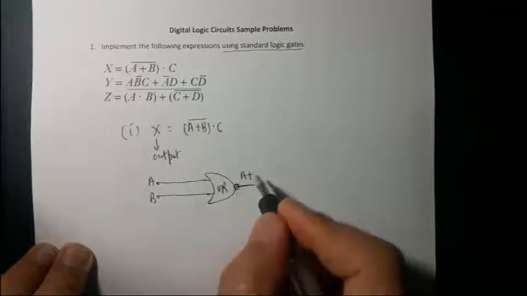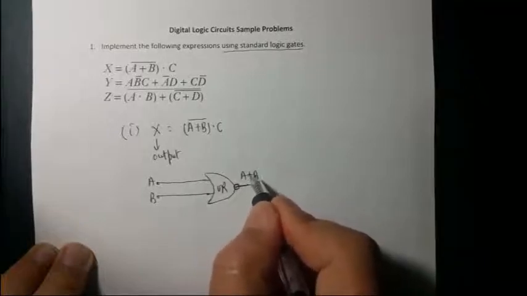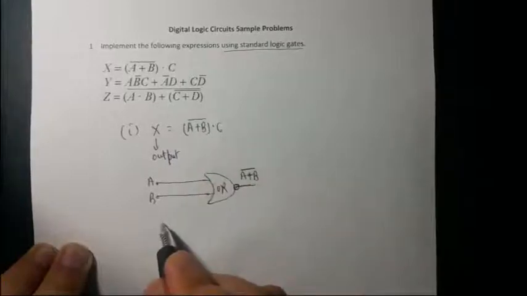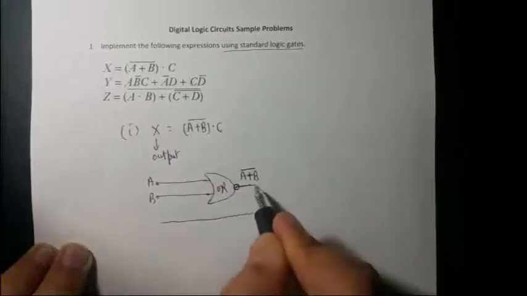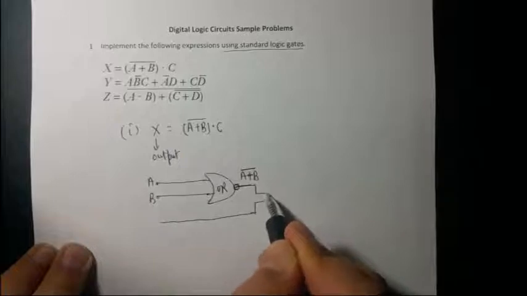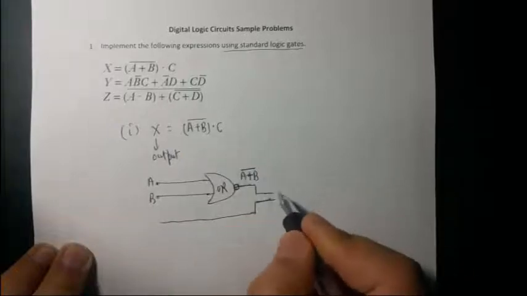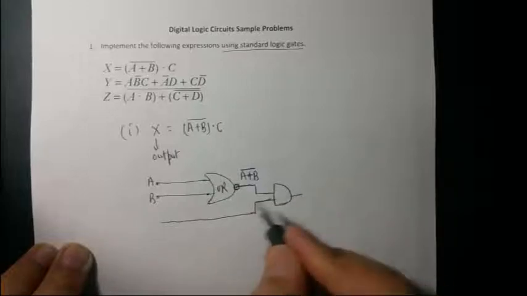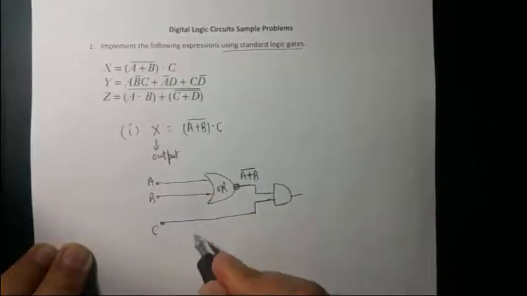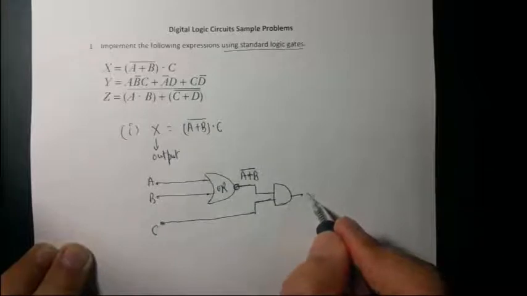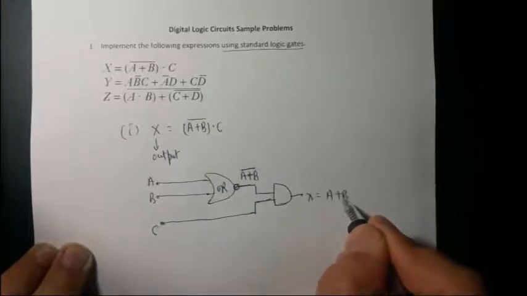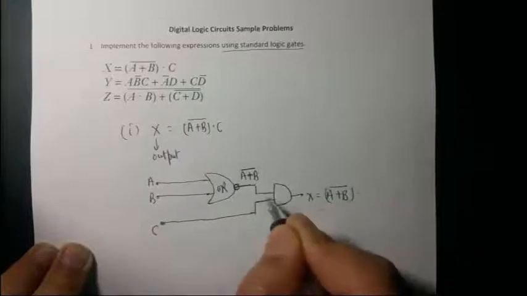It's OR plus NOT, so A plus B complement, and you have to multiply with C, so you need this to be connected with the AND gate, and this is the symbol for the AND gate. And that's it. So with inputs A, B, C, your output X will be A plus B, complemented, times C.